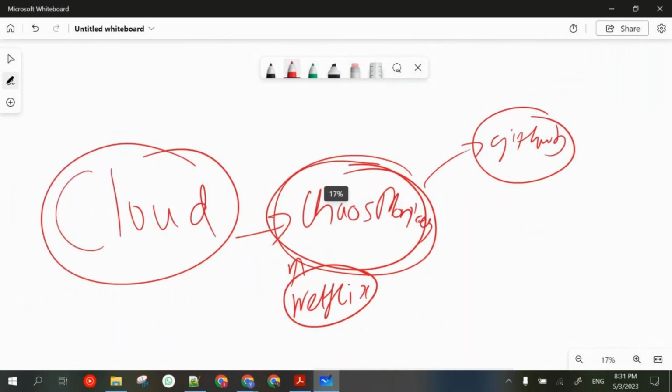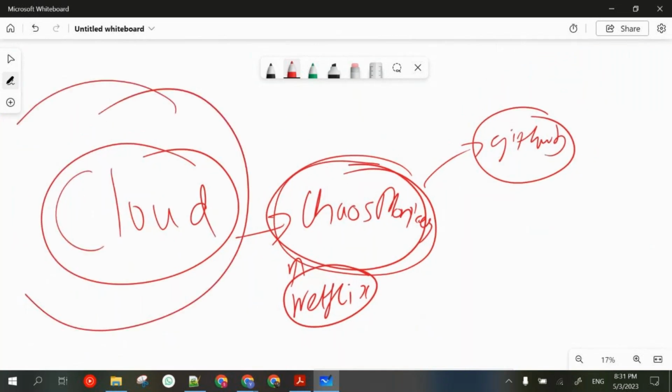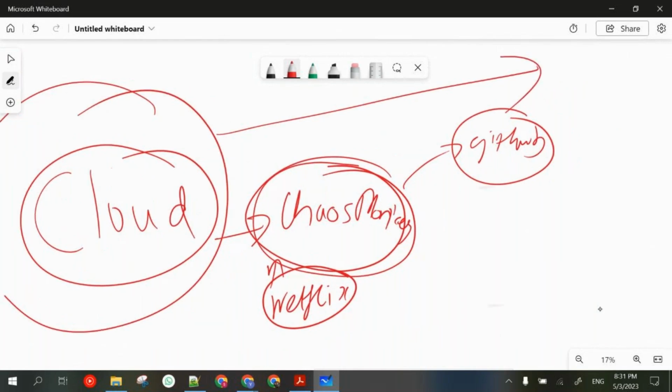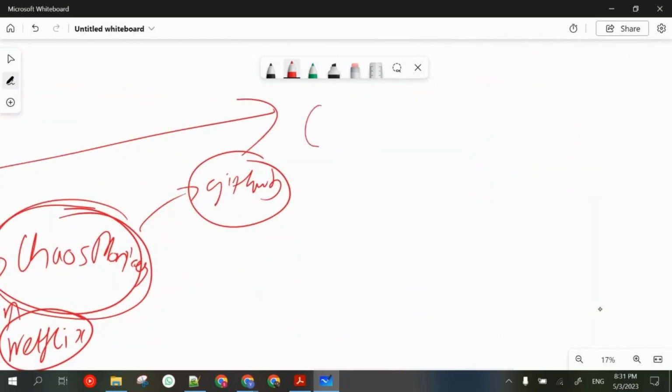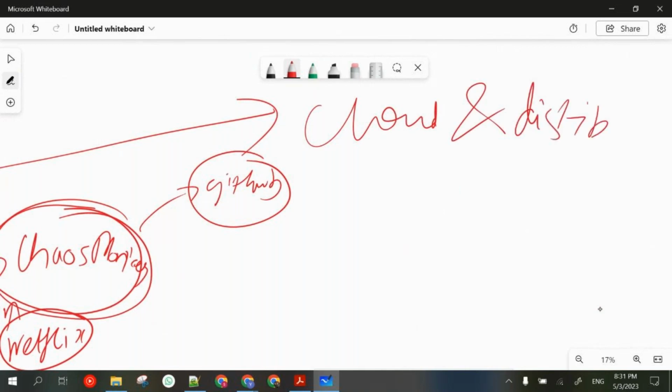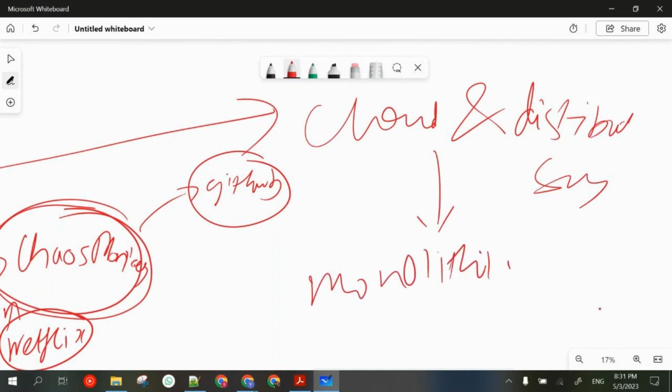Now, as I said, it started with cloud. Chaos engineering is very effective for cloud and specifically distributed systems. For monolithic systems, there is not much you can do. If I put a number, if this is 100, then monolithic systems will be around 50 to 70.